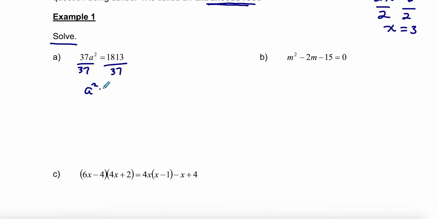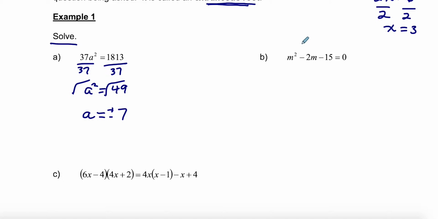So I have a squared equals 49. In order to isolate the a, I would have to take the square root of both sides. That would give me positive or -7. Remember that -7 times -7 also gives you 49.